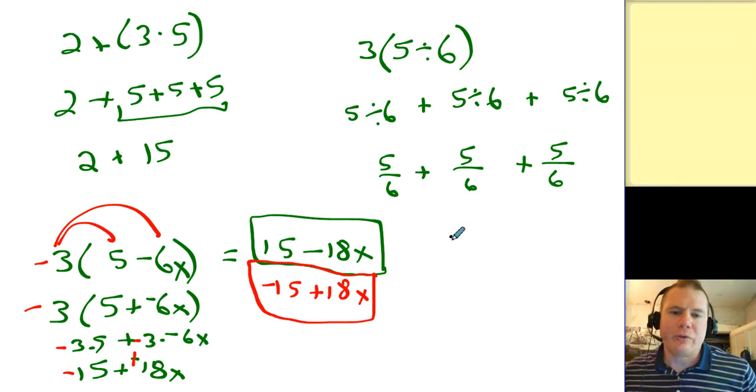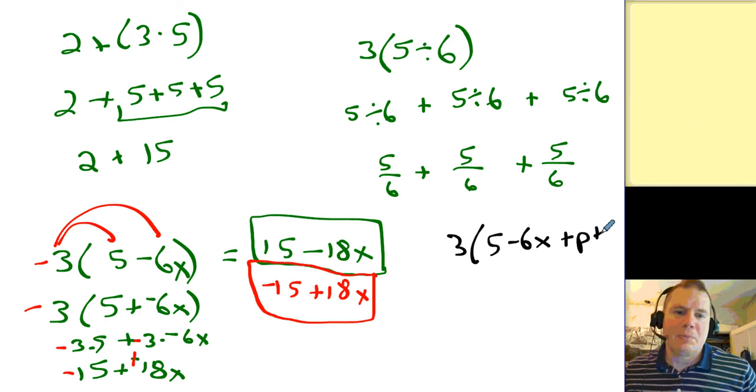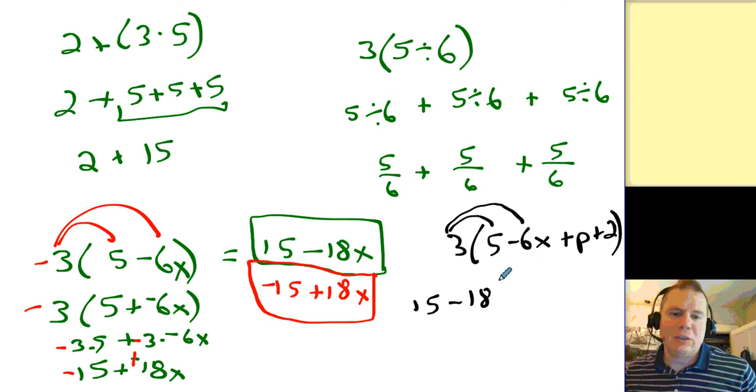If I have 3 times 5 minus 6x plus p plus 2, 3 times 5 is 15. 3 times negative 6 is negative 18 times x, negative 18x. 3 times p is 3p.